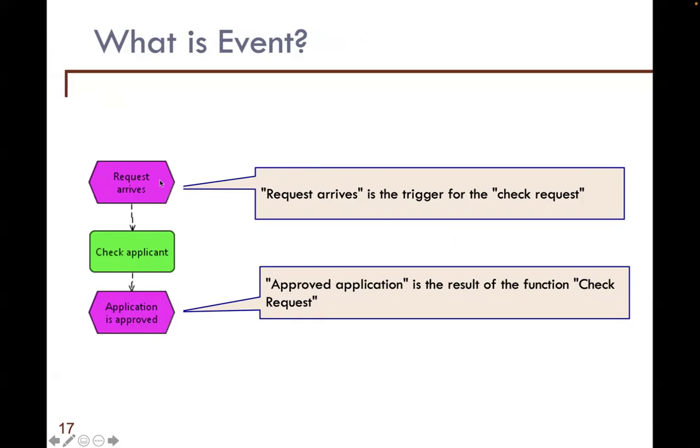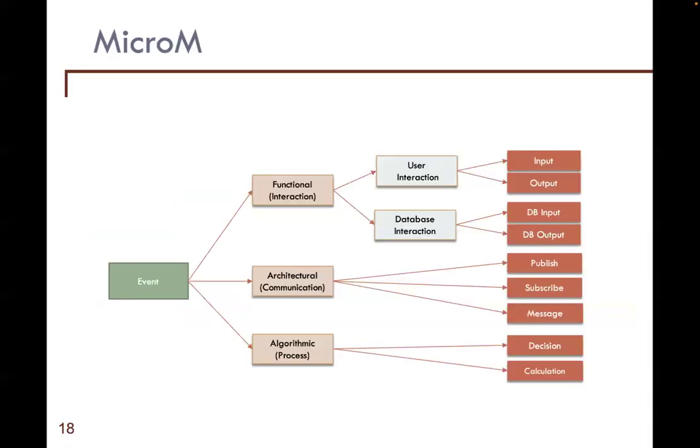Request arrives is a triggering event, and application is approved is an event that can be easily placed on the event queue, and then based on this, a service can fire. So this is the base idea of the micro event-based size measurement method.